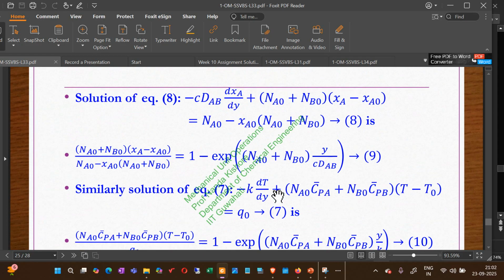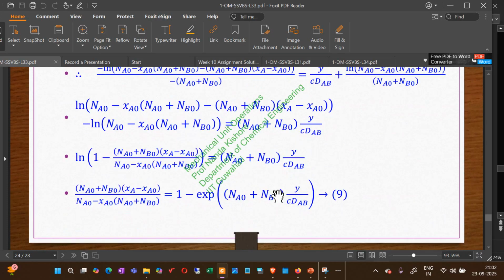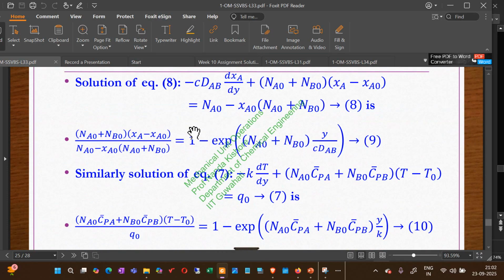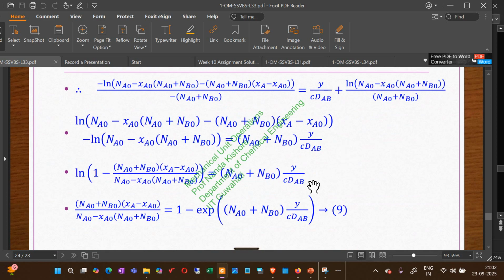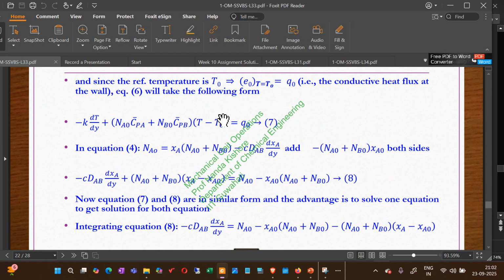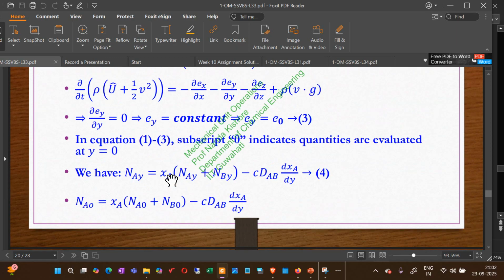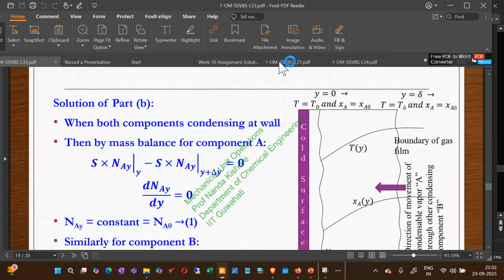These two equations were similar, so if you solve one equation, then you can easily solve the other. In this equation, T is just replaced by X. Very similar equations. So similarly, you solve different equations.